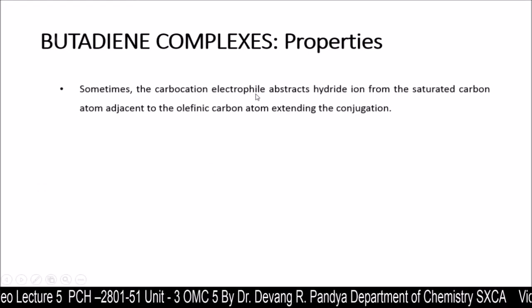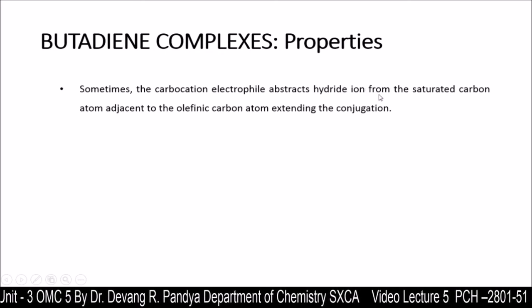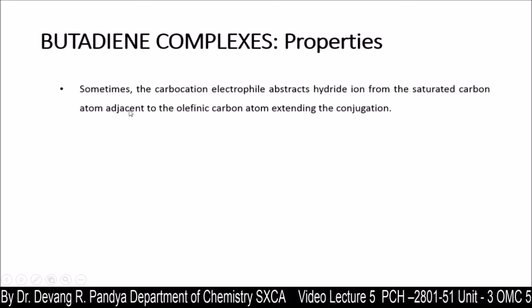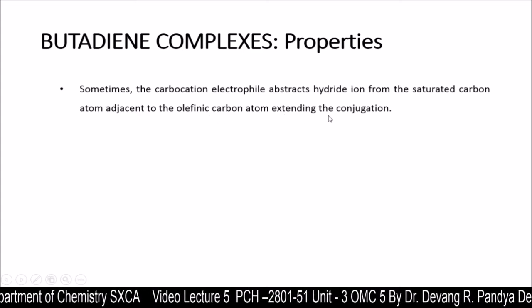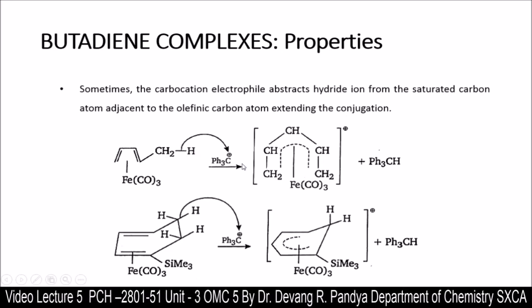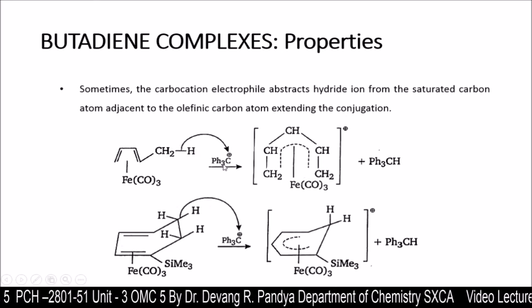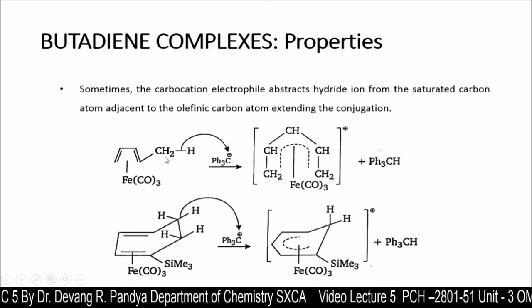Sometimes the carbocation of the electrophile abstracts a hydride ion from the saturated carbon atom adjacent to the olefinic carbon atom, extending the conjugation. Here you can see the extension of conjugation when the triphenylcarbenium carbocation is treated with this compound.